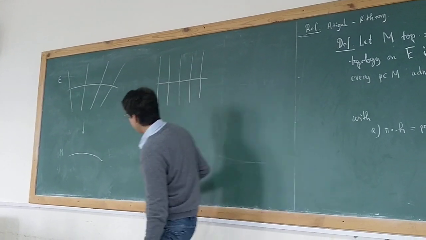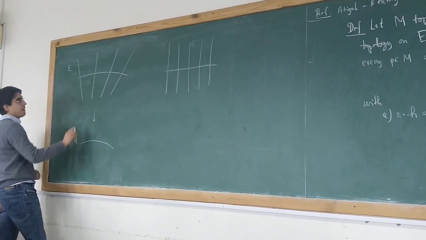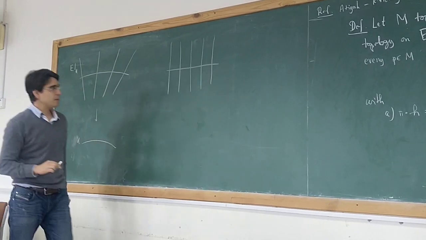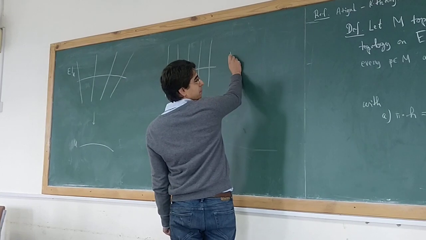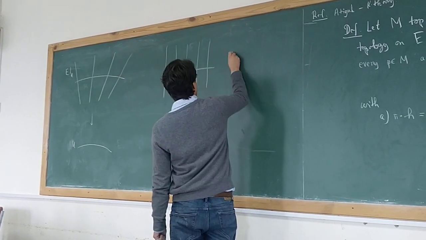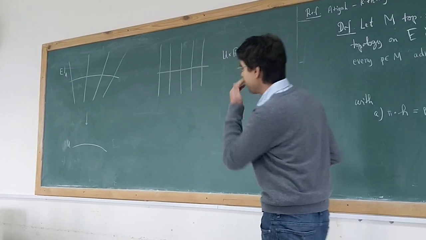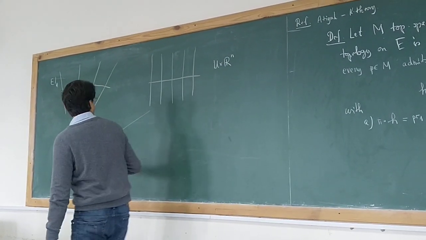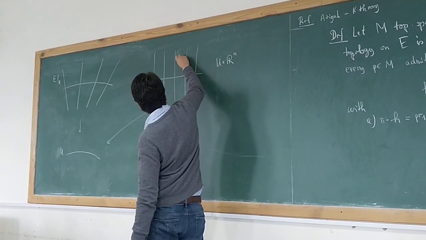So let's say M is larger, and this is just U. And then this could be E restricted to U. This is this part of the vector bundle. And this is a picture of U cross Rn. So n is 1 in this example. And then you just have the obvious projection onto the first component, which just goes down here.